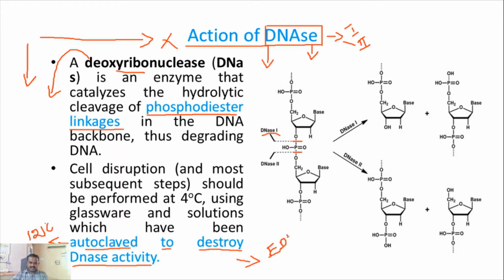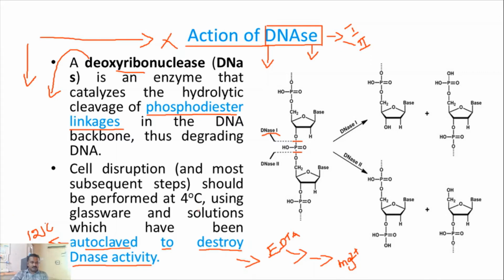EDTA is a chelating agent. It also inactivates the deoxyribonuclease, or DNase enzyme, by sequestering Mg2+ ions. This can be studied later.